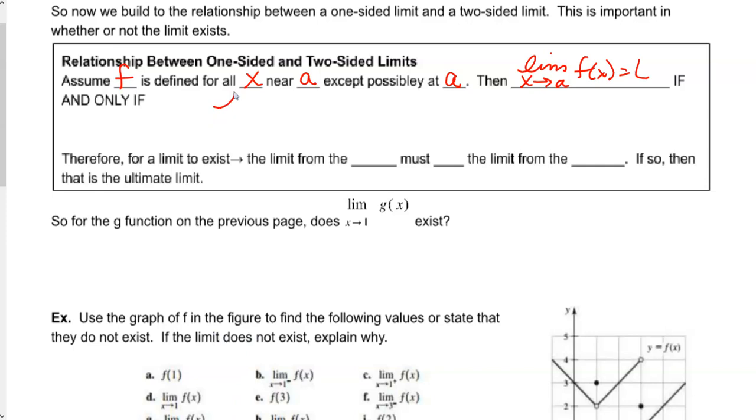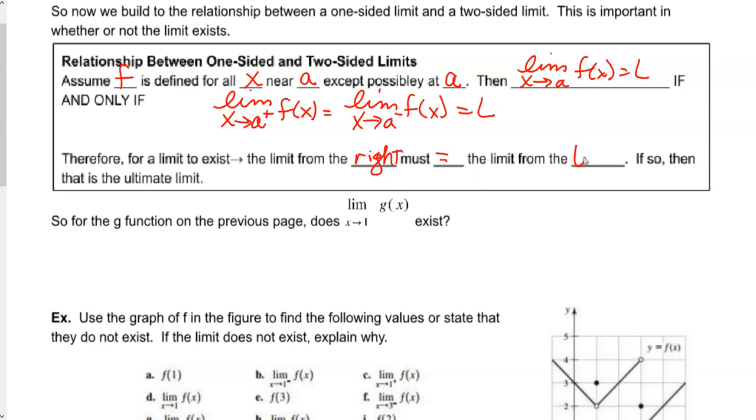That is equal to L if and only if the limit as x approaches a from the right of f of x equals the limit as x approaches a from the left of f of x, and both of those have to equal L. Now, it's possible that those two may end up having different values, but for this to occur, it has to be the exact same value. Therefore, for a limit to exist, the limit from the right must equal the limit from the left. And if so, then that is the ultimate limit that we have for that function.